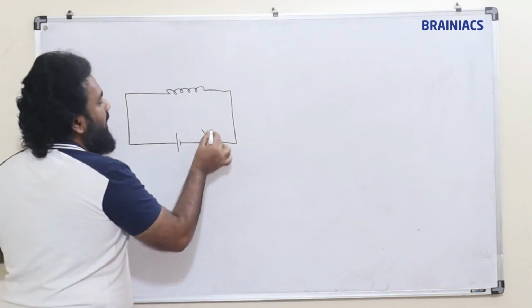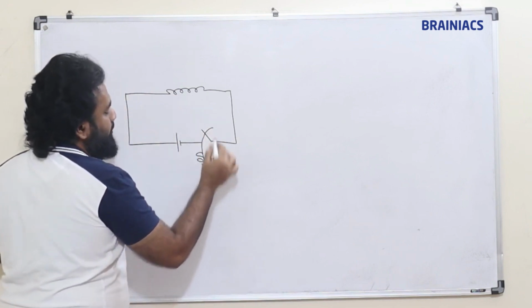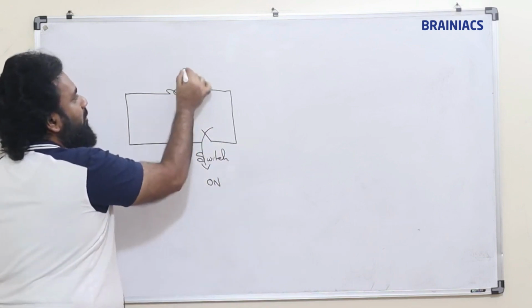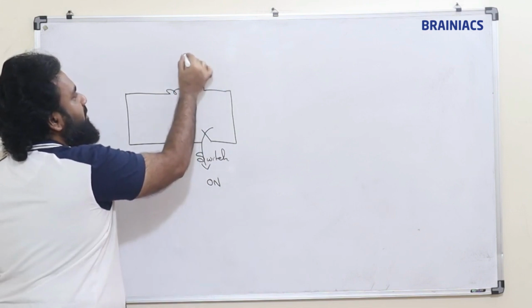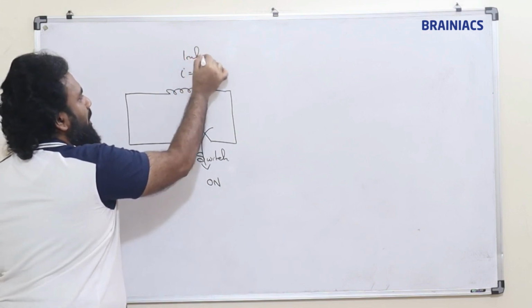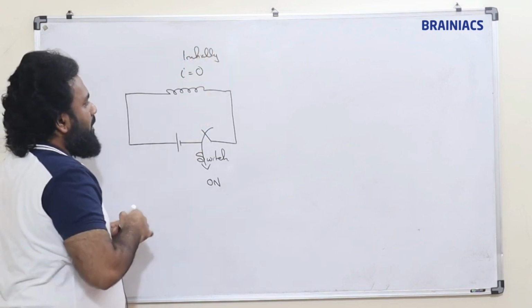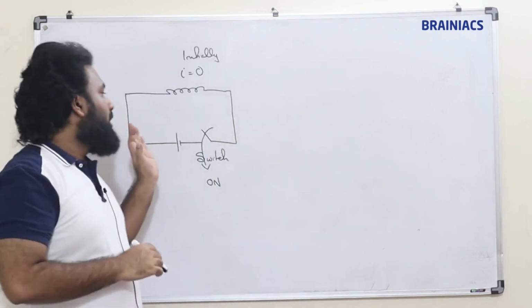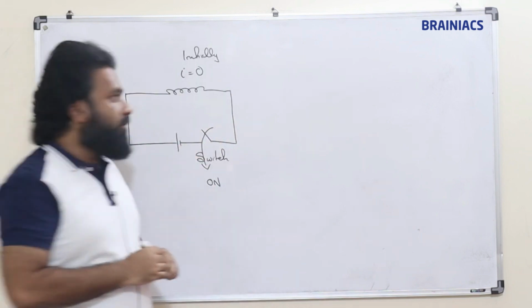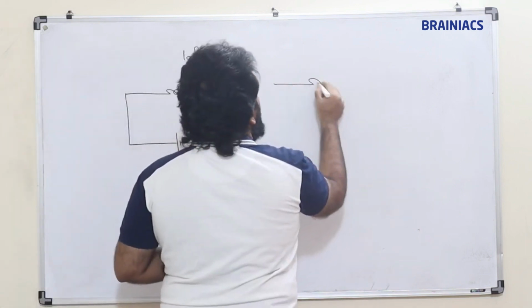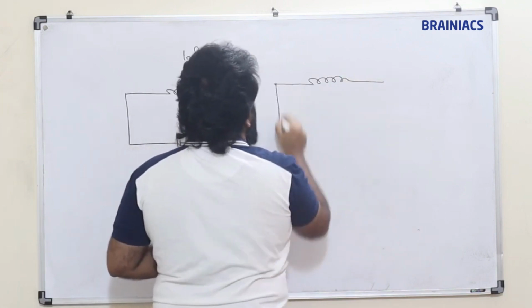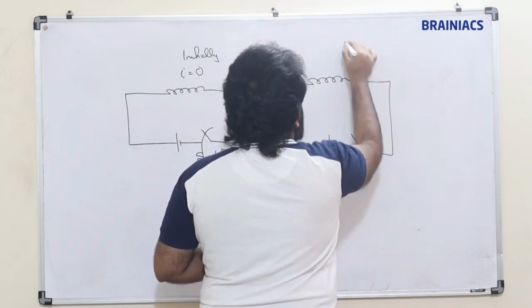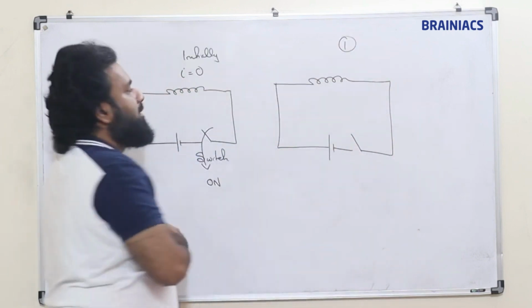Now when I switch on, here current was 0 initially. This was switched off. I will draw step by step. This is inductor, battery, switch. Let this be the first circuit.